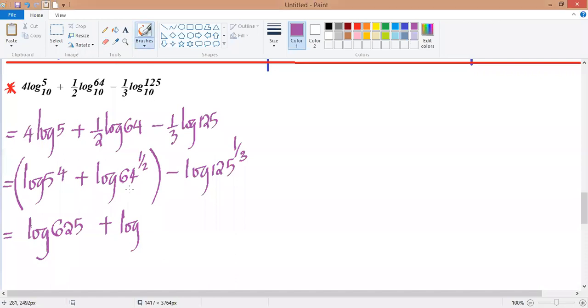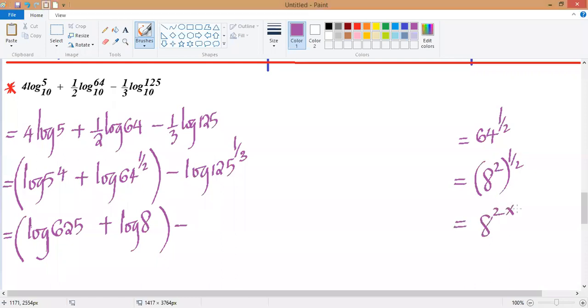If someone is lost with 64 power half, that person should know that 8 squared is 64. Using indices, it is 2 times a half, so these 2's cancel out to give us that 8.